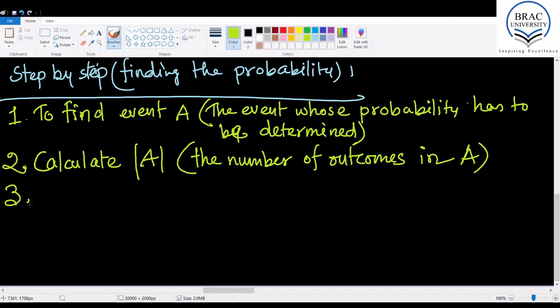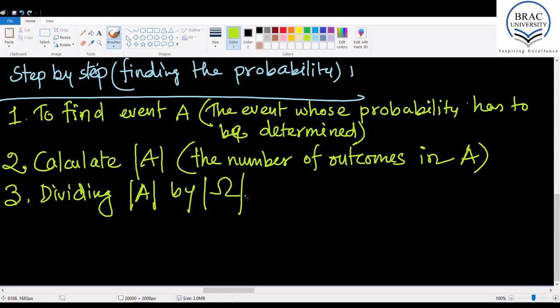And step 3 is dividing the cardinality of A by the cardinality of the sample space, which is the total number of outcomes. So these are the 3 steps to follow when determining the probability of some event.